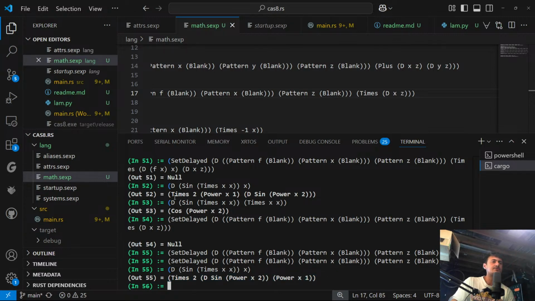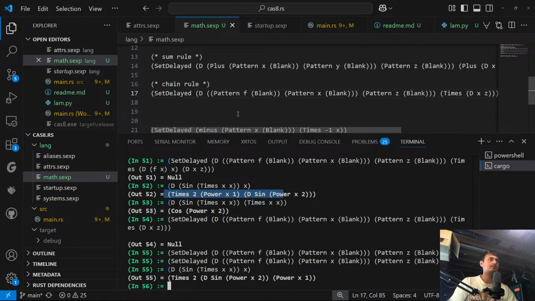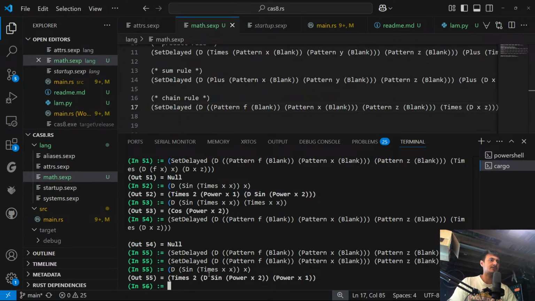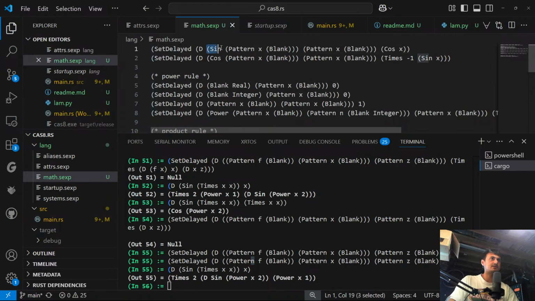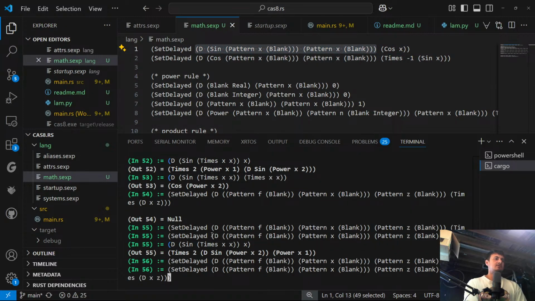Because I don't think we got this rule. Because if we look at this, it probably dispatched on... Oh, it definitely dispatched on this rule. Did it not? Maybe it didn't. No, it definitely didn't, because that's not a match. If we did this, hold on.